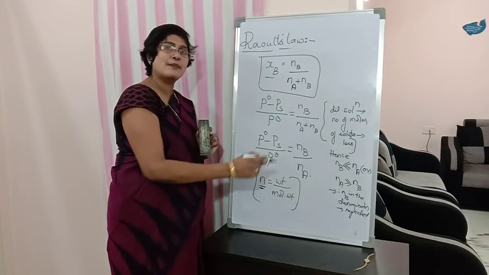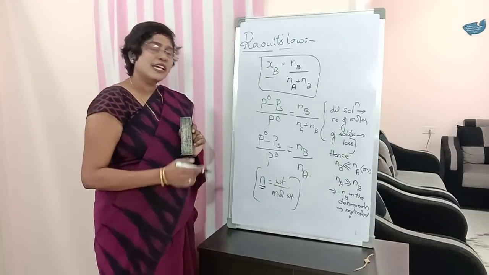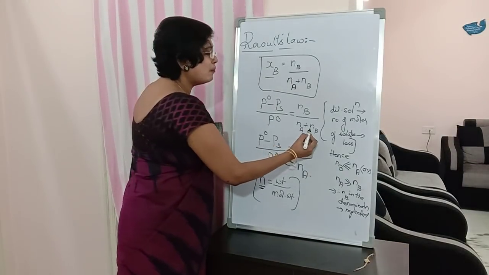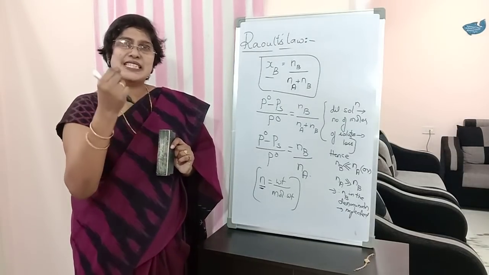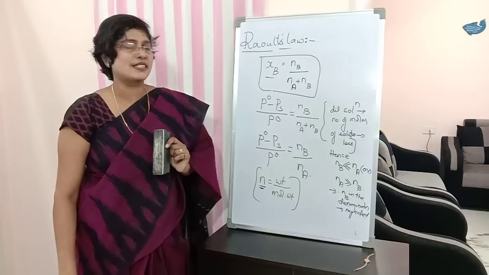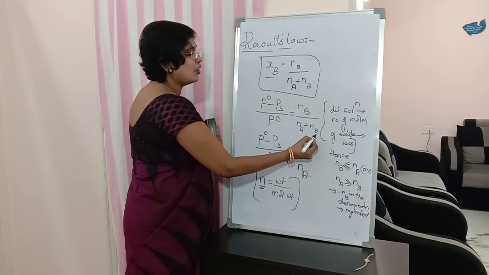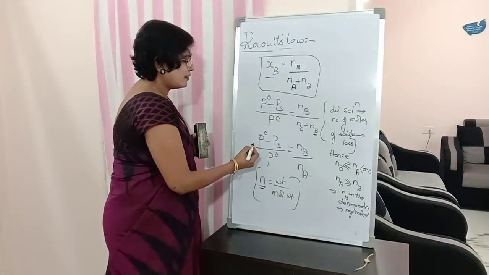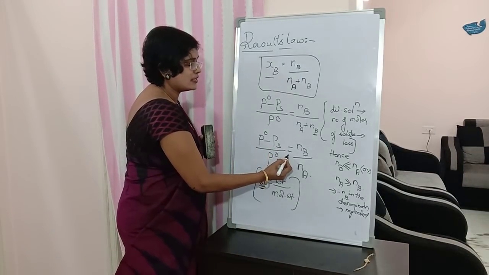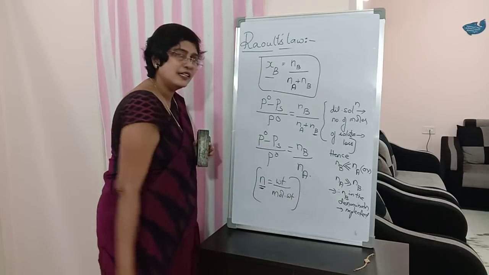Why? Because this is about dilute solutions. In a dilute solution, number of moles of solute will be less. Why? Because solute is present in much lesser quantities. Okay. Therefore, in the denominator, this Nb is being neglected. Okay. So, therefore, P0 minus Ps by P0 is equal to Nb by Na.